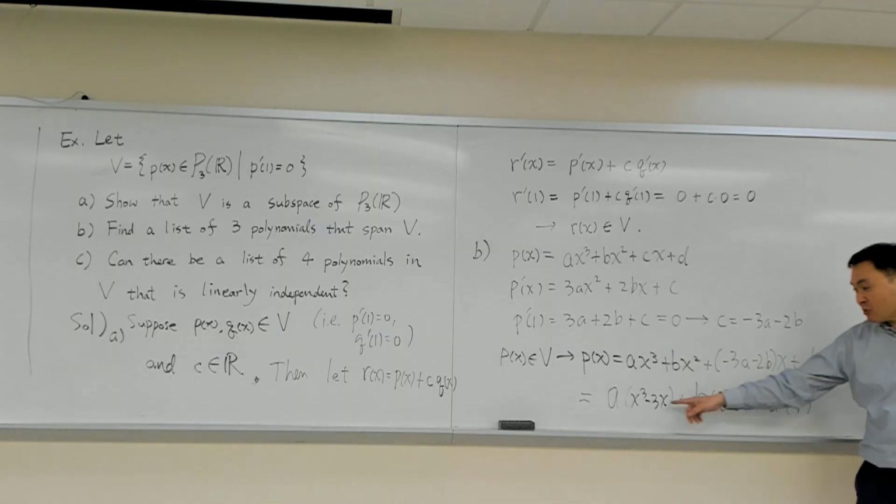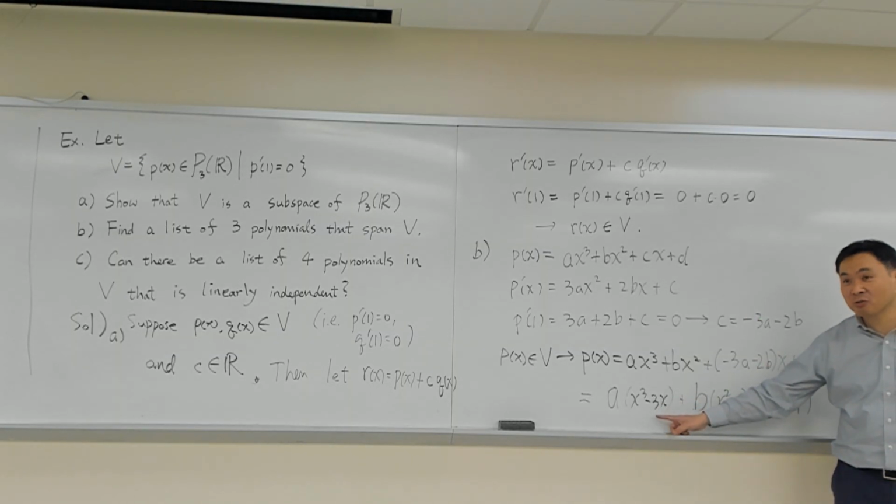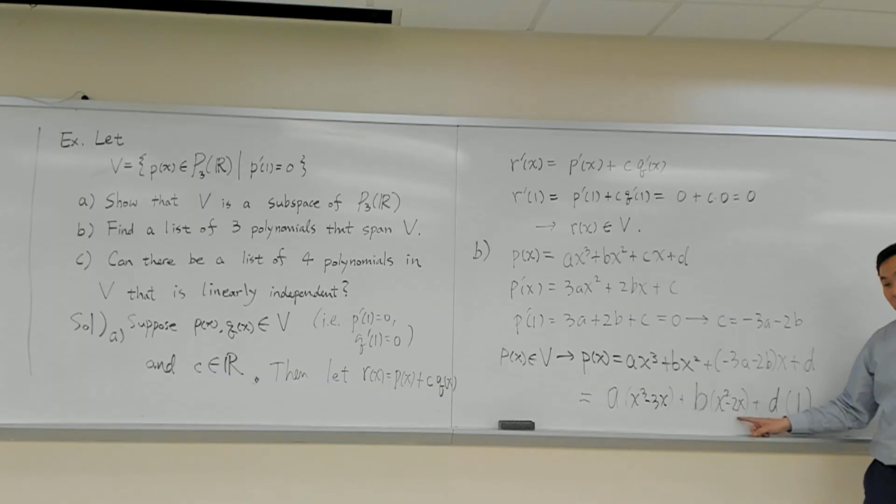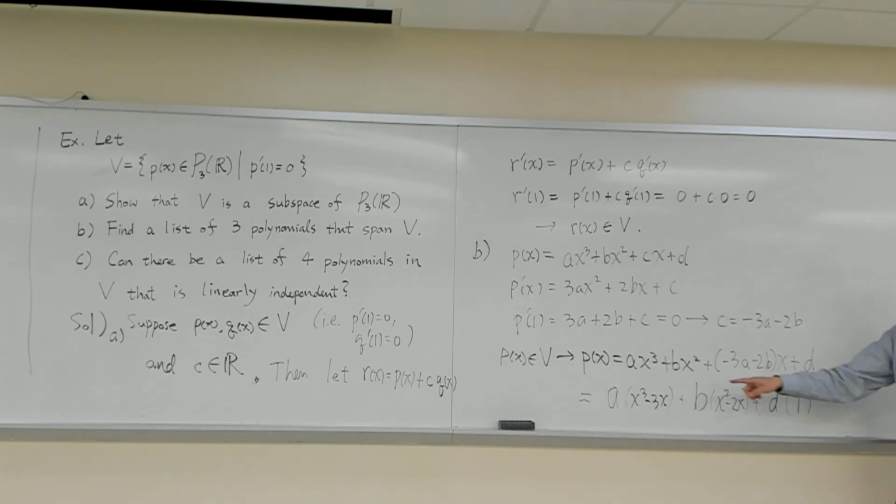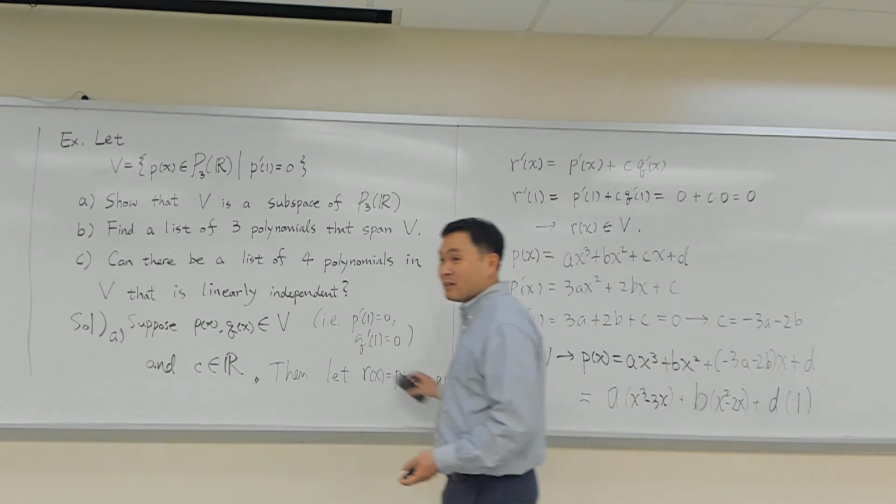You can check. If you differentiate this and plug in 1, you get 0. If you differentiate this, plug in 1, you get 0. If you differentiate a constant, of course, it's 0 already, okay? So all of these individually belong to v, and anything in v can be written as a linear combination of these 3. Okay, so done. That's the answer to b.